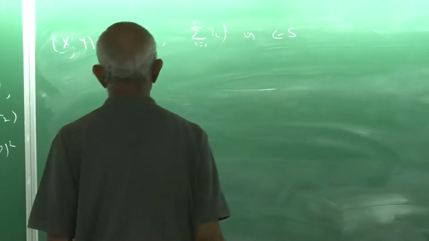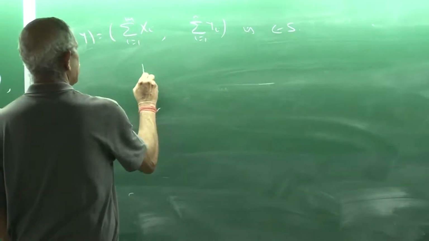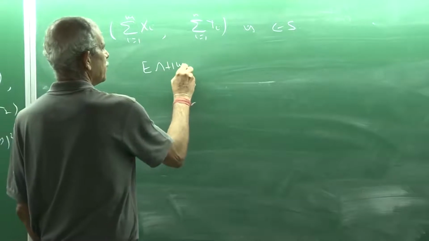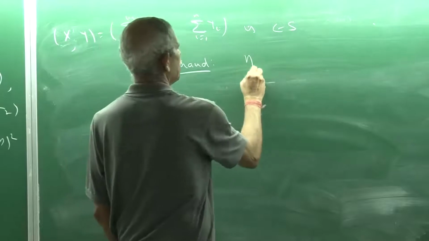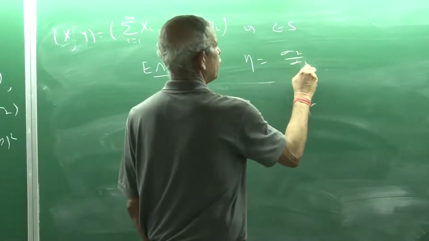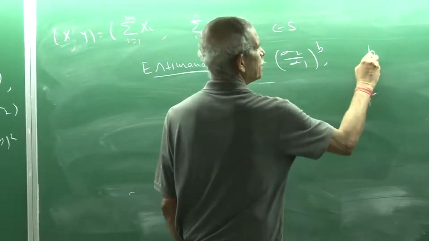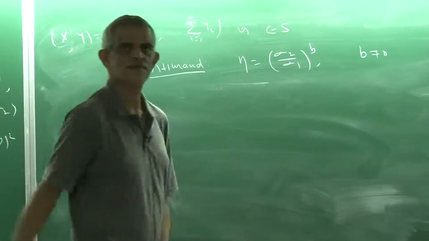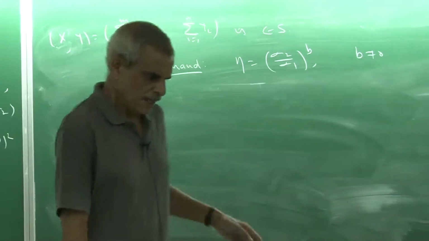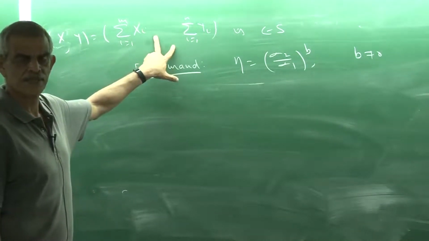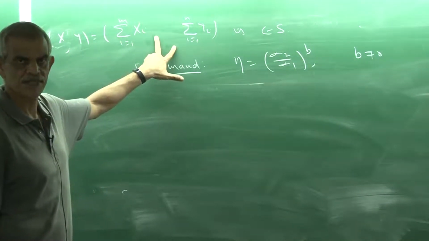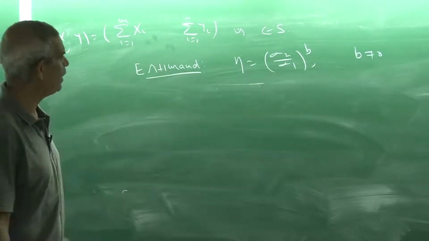So suppose my loss function is for estimating sigma 2 by sigma 1 to the power b. First I need to choose some estimator which is a function of a complete sufficient statistic and is scale invariant.